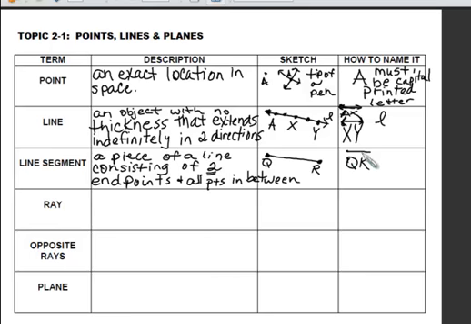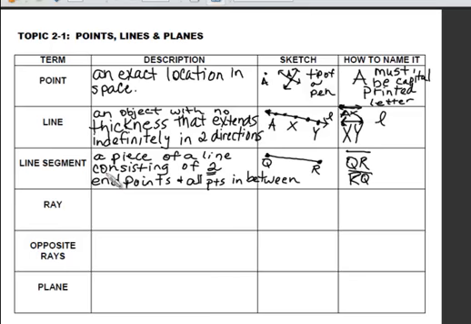It is fine for you to leave it without the arrows. You do not have to put the points on the ends. It also does not matter if you write R and then Q. Either way, that's how you write the line segment.